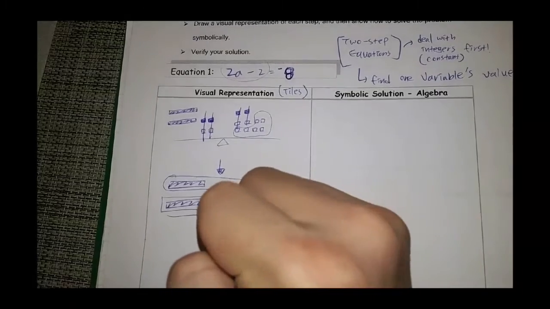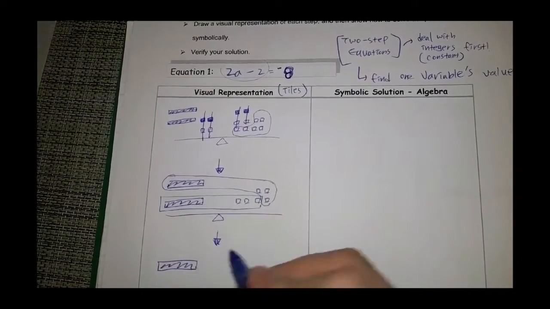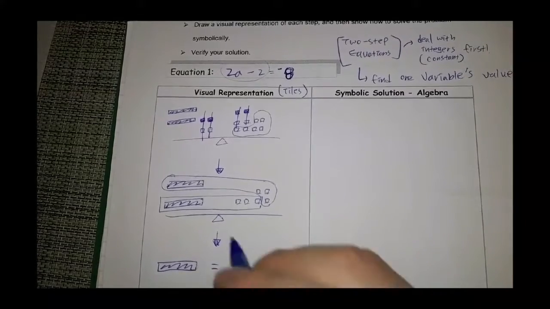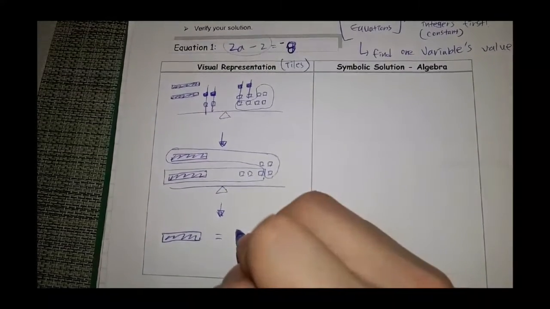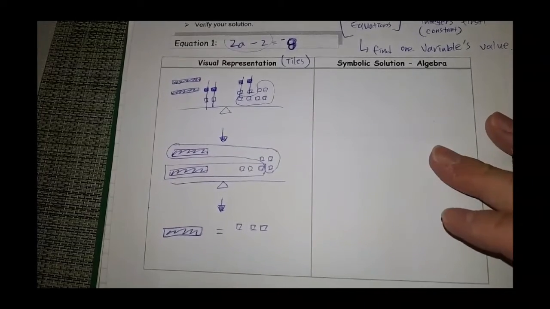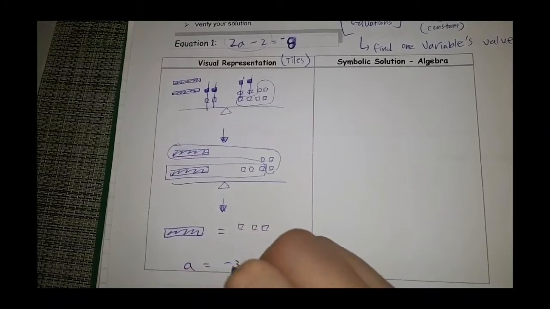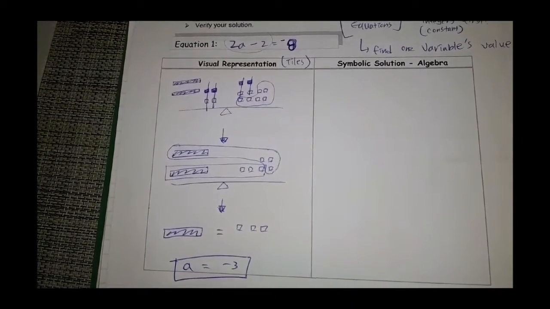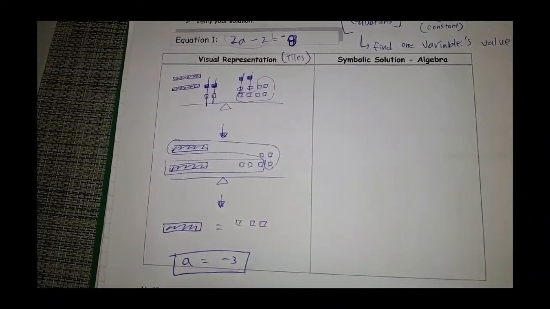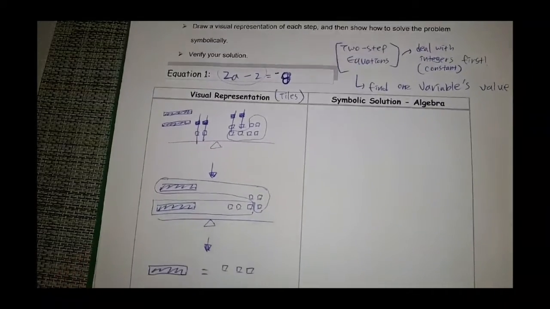So long story short, from this process, we will deal with a situation where 1 colored strip is equivalent to 1, 2, 3 empty integer tiles. So that is a fancy way of saying a is equal to negative 3. Why don't we do the verification at the end? Let's do the other part.